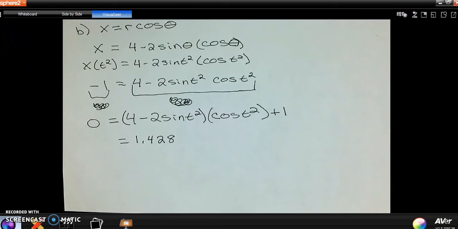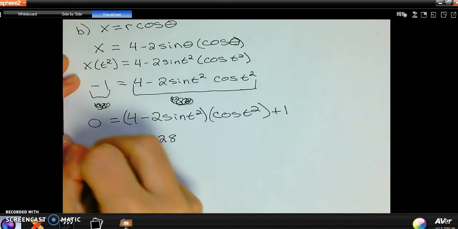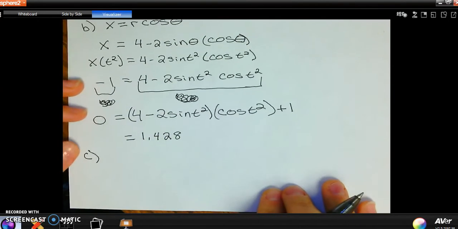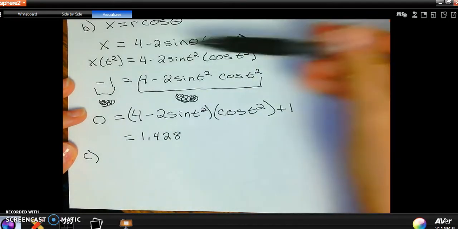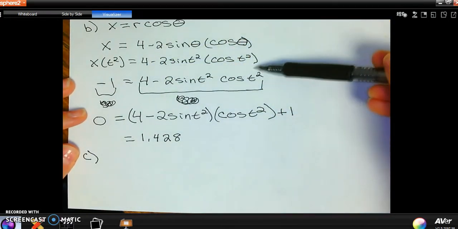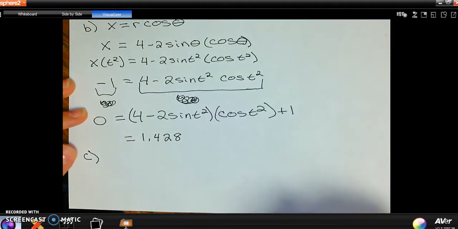Okay, so in part C, they are asking us to find the velocity vector at 1.5 and the position vector. So hopefully you know that the position vector, we actually already have part of it. It is given from this part up here, so that'll be the x-coordinate.